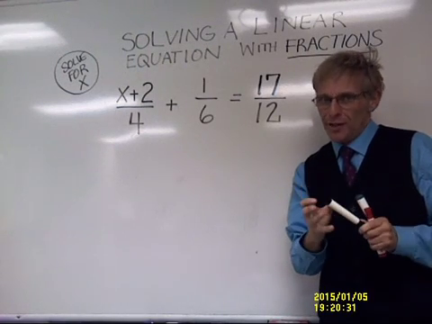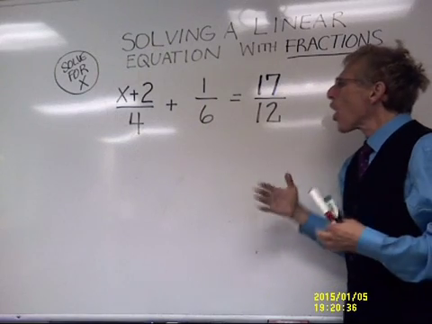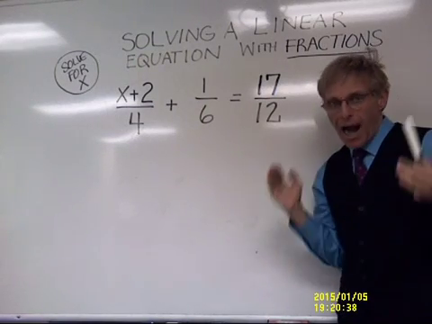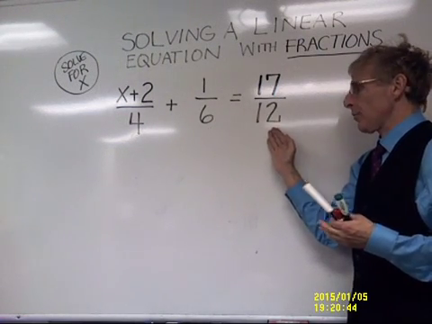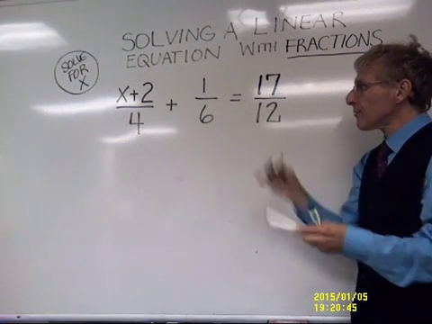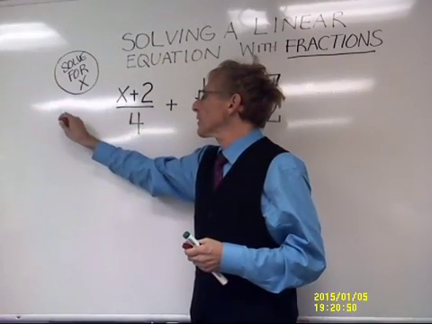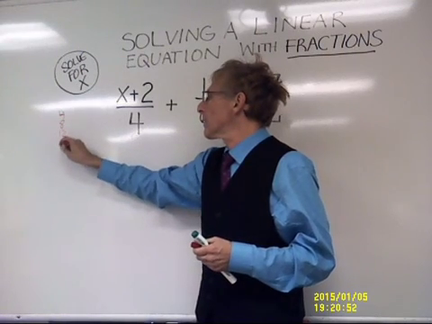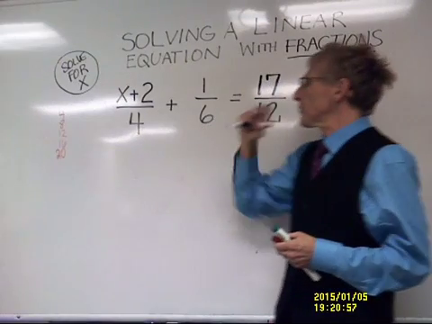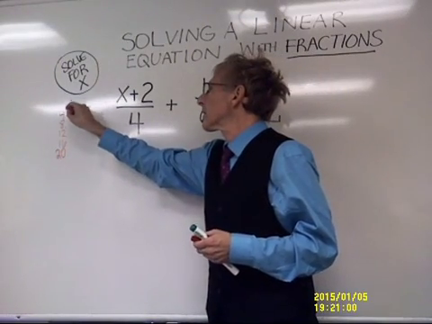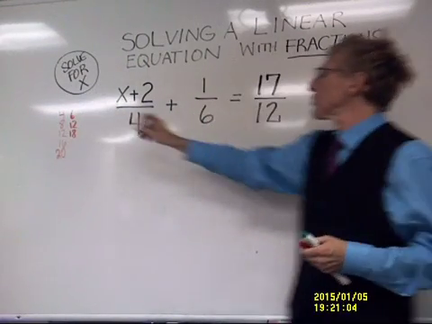So to get rid of the denominator, which is making this problem a lot more complicated, what we need to do is find a common denominator for 4, 6, and 12. Now, if you don't see it right away, what you could do is list your multiples of 4 and 20, and you can list your multiples of 6 and multiples of 12.